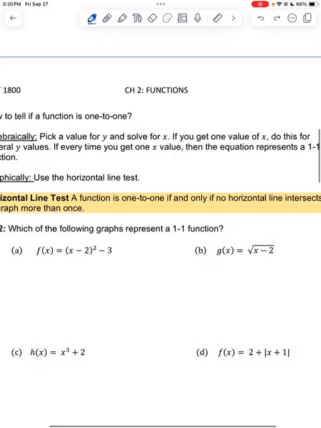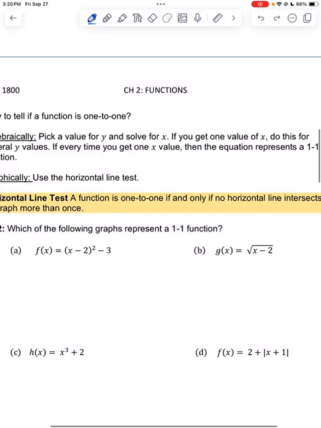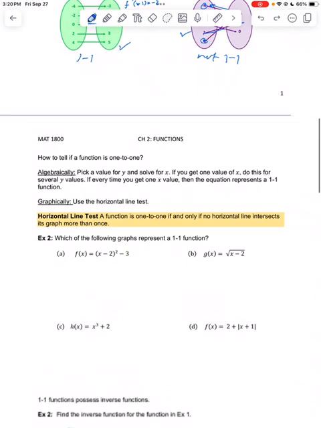Graphically, we can use the horizontal line test. It is like the vertical line test, which we use to check whether a given relation is a function or not. With the horizontal line test, we can check whether a given function is 1 to 1 or not.